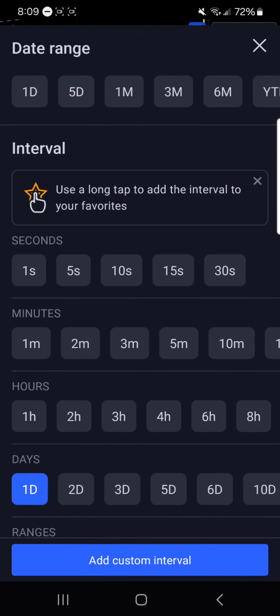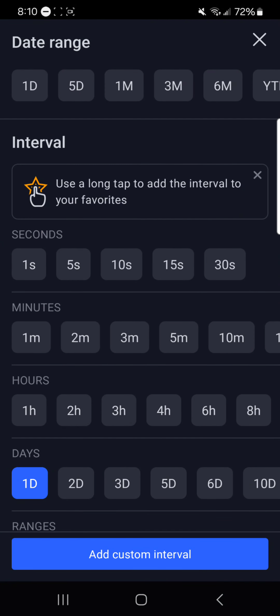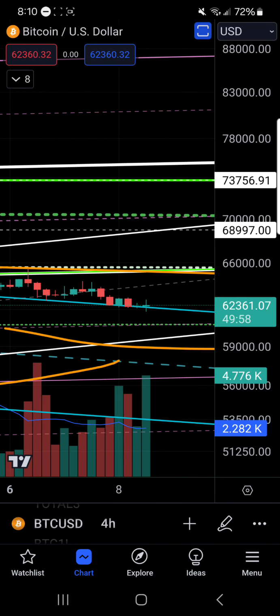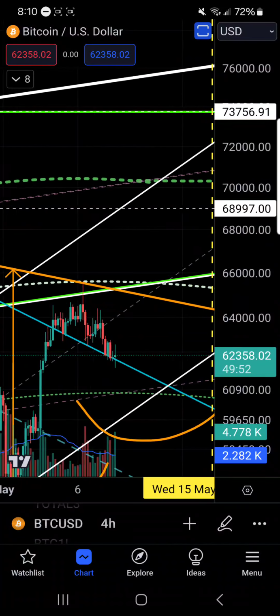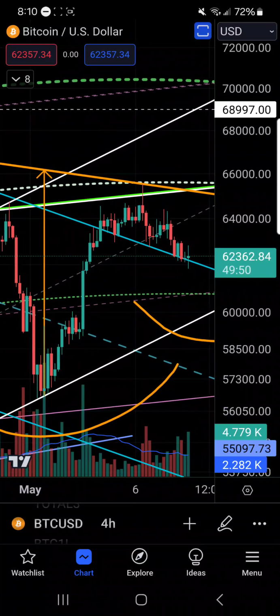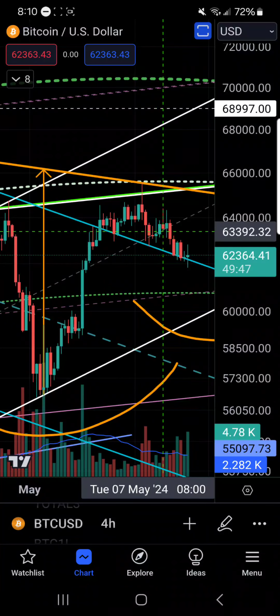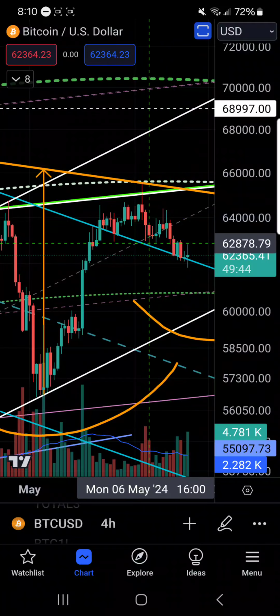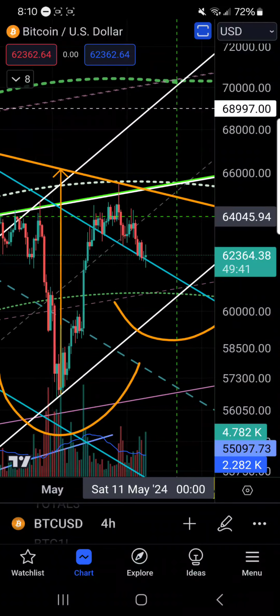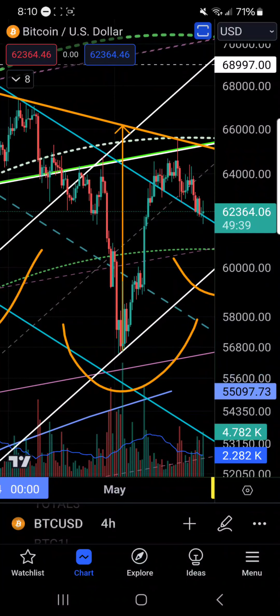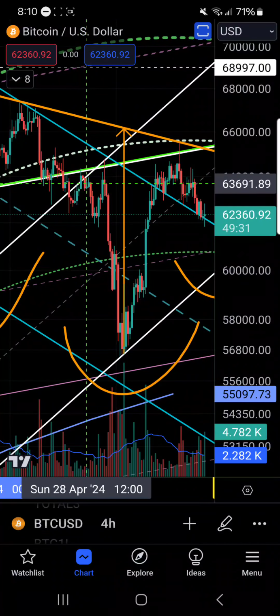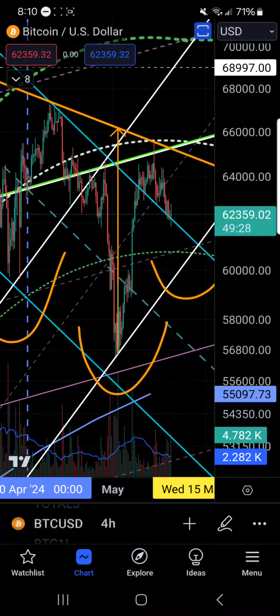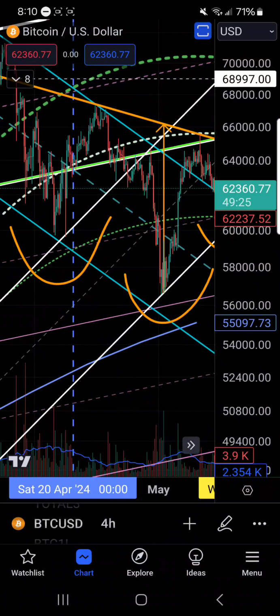Now if we switch to like a 4-hour chart, you can see too then how even the center line here came into play. See, when you switch to a lower time frame, you can see how we've interacted with the channel, and you can see the slope that is forming here.